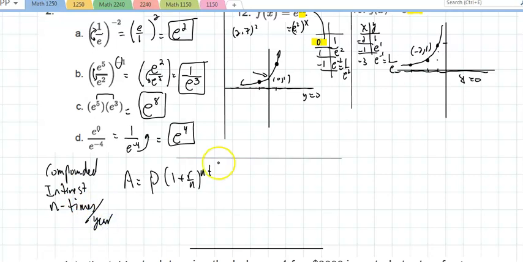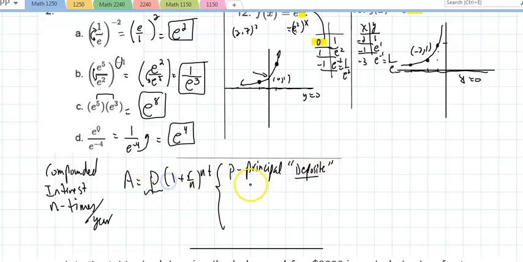Where, if I look at those variables, P is the principal. Since we're going to talk about money in this case, this is the deposit. It's really the starting point, the start.